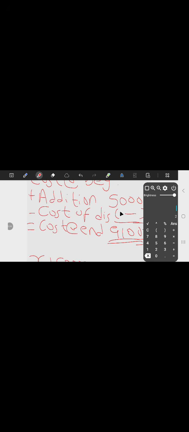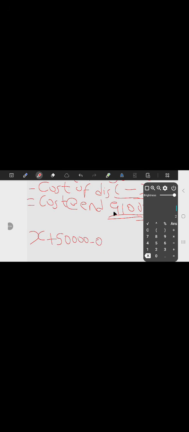So for those who are doing mathematics, we can say x plus 50,000 minus 0. It's very much important to put the figure even if you don't have anything, so that when you have something, you don't miss it out. Is equal to 910,000. Now let's solve for x.